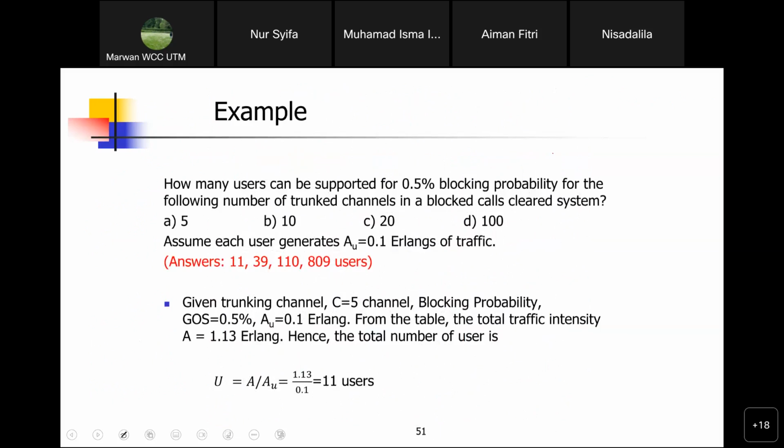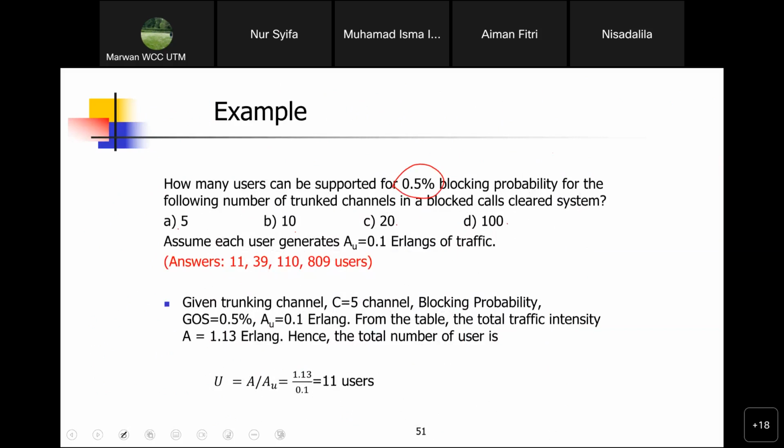How does this trunking value increase the number of subscribers? So we can see here, for example, how many users can be supported if you have 0.5% blocking probability and the number of channels within one cell is 5, 10, 20, and 100.